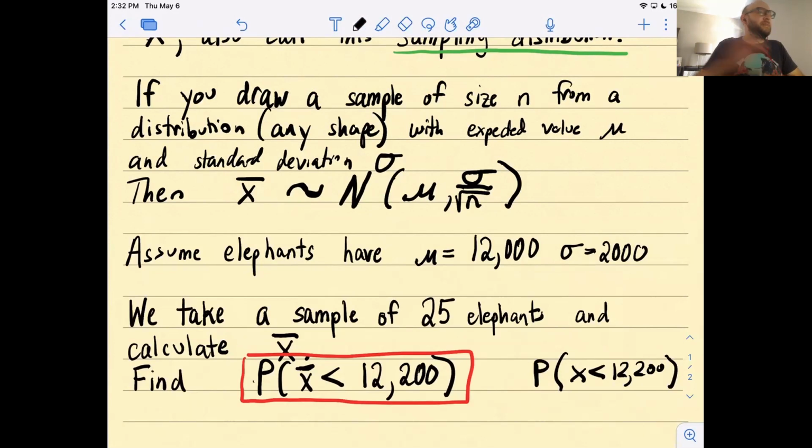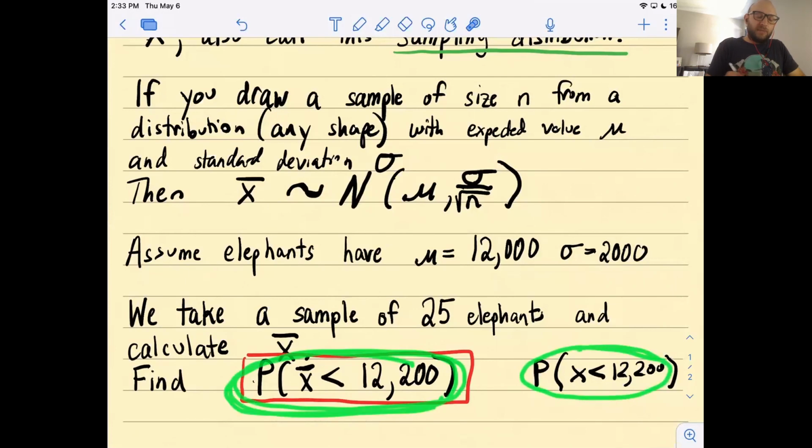Okay, let me repeat the question. So this thing that I want to calculate, this is the probability that the average of the 25 elephants is less than 12,200. This one is the probability that a single elephant is less than 12,200.